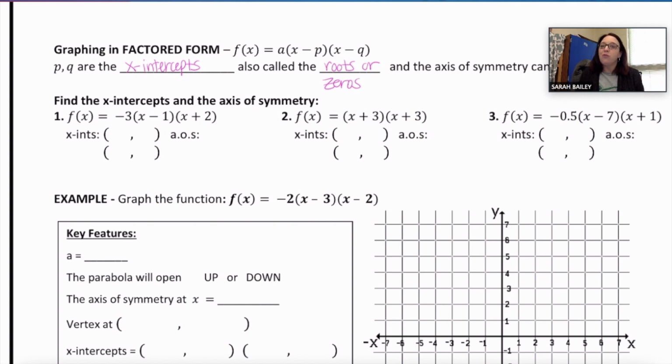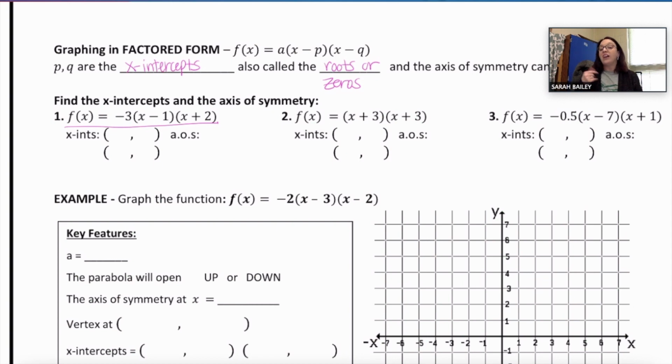If you'll think back to when we were solving trinomial equations, remember how we factored them and set each factor equal to 0? This is going to be the same thing here. So I'm going to look at this equation right here, and I'm going to set each piece equal to 0.